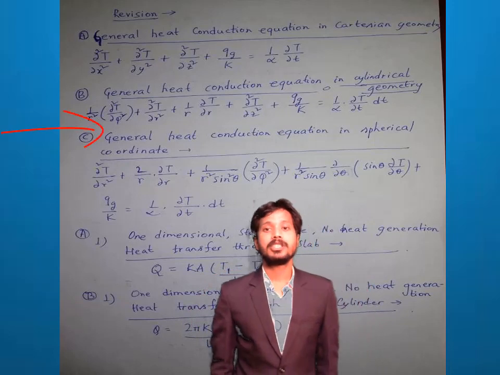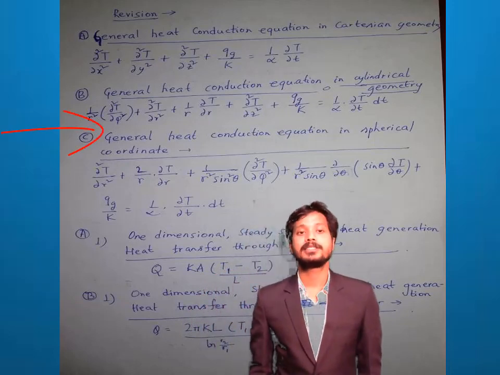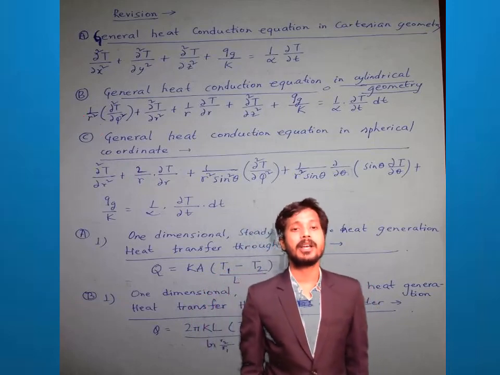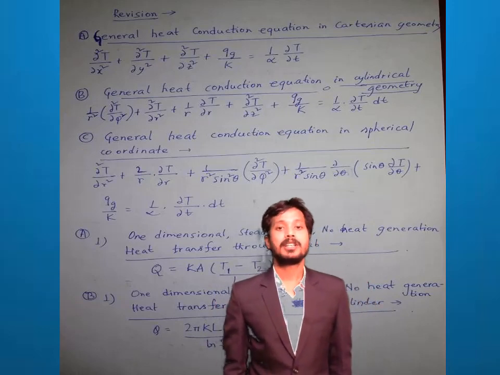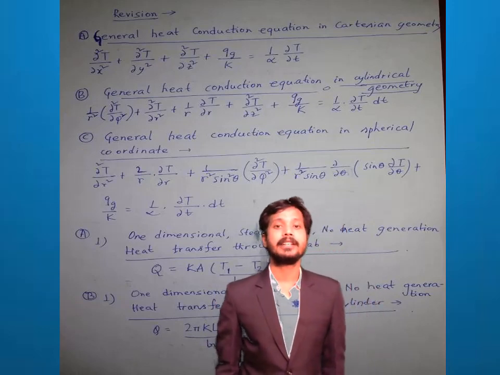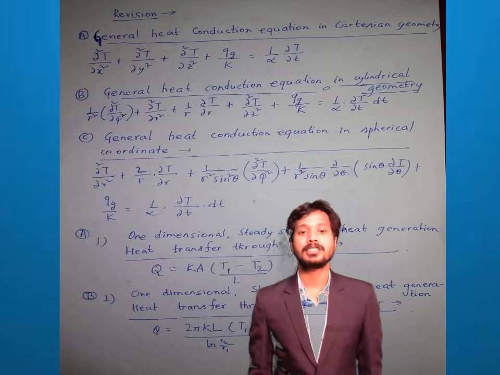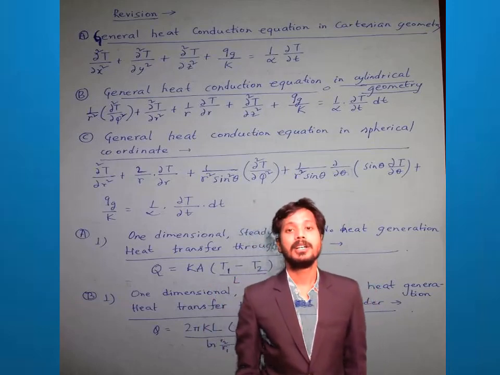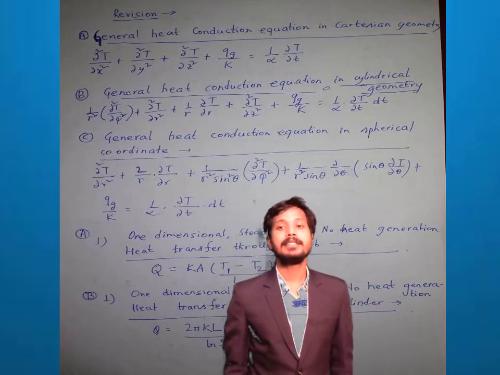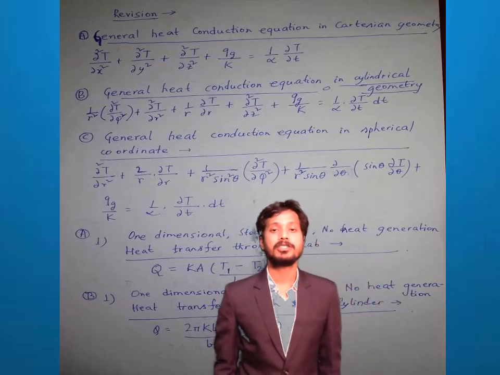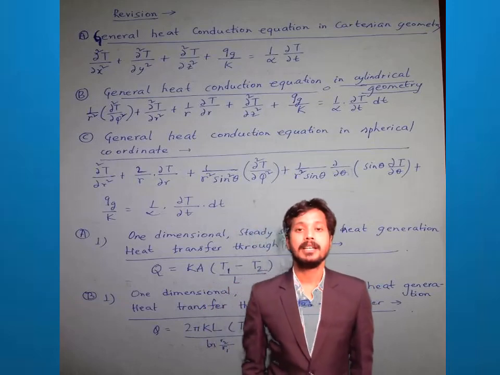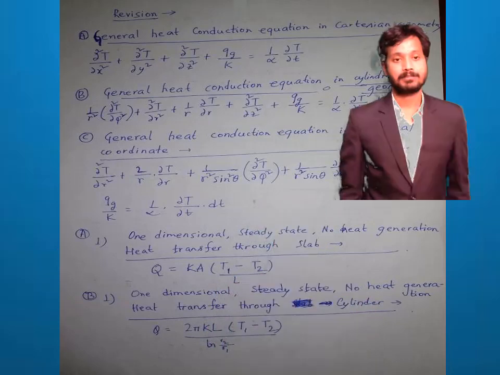General heat conduction equation in spherical coordinates: ∂²T/∂r² + (2/r)(∂T/∂r) + (1/(r² sin²θ))(∂²T/∂φ²) + (1/(r² sinθ))(∂/∂θ)(sinθ ∂T/∂θ) + qg/k = (1/α)(∂T/∂t).